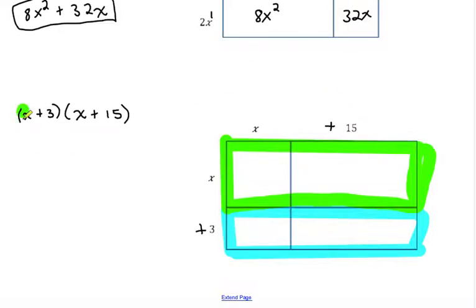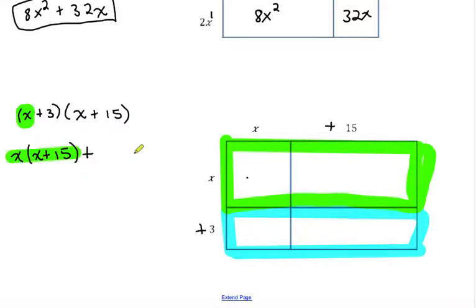So if I think about what that looks like, I'm going to take this x value and I'm going to distribute it across the x plus 15 to get the area of this top shape. And then I'm going to add it to the area of this bottom shape. So this is sort of my green rectangle, if you will.